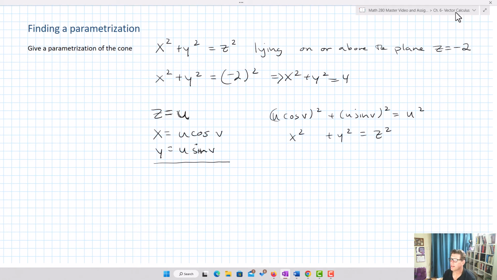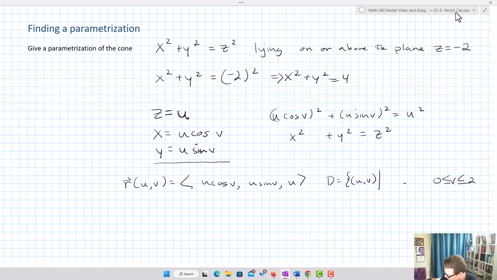Now what I'm going to do is I need to actually define my domain. So my r of uv is going to end up equaling u cosine v, u sine v, u. My domain then, D, is going to equal the set uv such that, well, my v's, we're going to have them go from 0 to 2 pi.